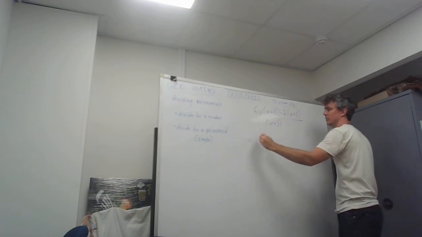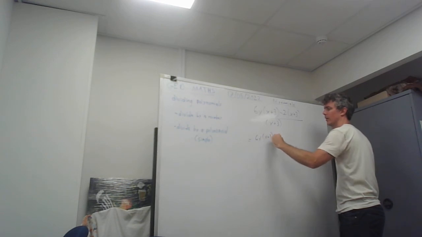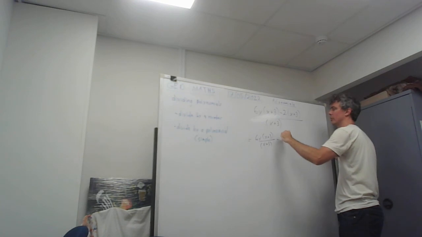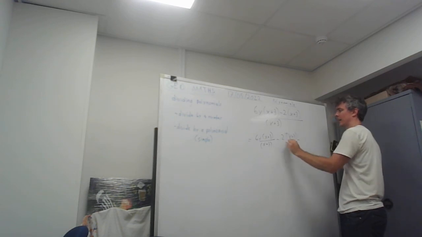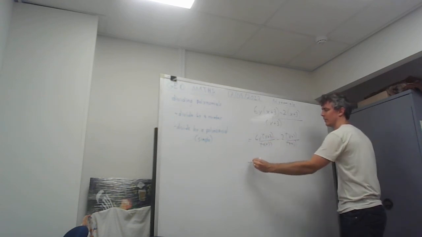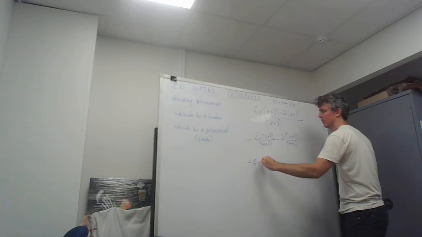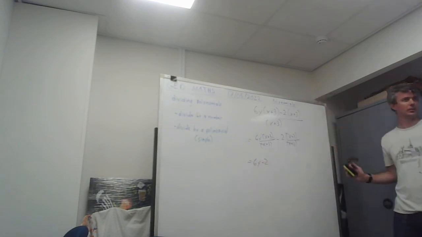So this is going to get you 6y times x plus 3 over x plus 3, minus 2 times x plus 3 over x plus 3. These ones cancel, these ones cancel. We get 6y minus 2. Alright, do you see that?